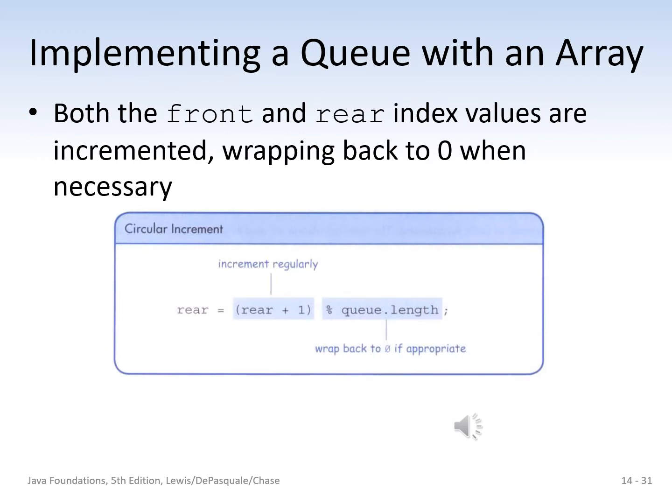In case you're wondering how we implement the circular reference or circular array, the wraparound, if you will, what happens is both the front and the rear index values get incremented, and when we get to the last index in the array.